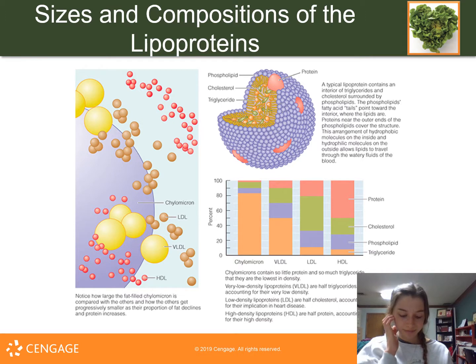It transports the lipids to the tissues, and it gets smaller and more dense as triglyceride portions are removed. And then the LDL is mostly cholesterol, and those transport lipids to the tissues. The HDL, those transport cholesterol from the cells to the liver, and they'll have anti-inflammatory properties as well.